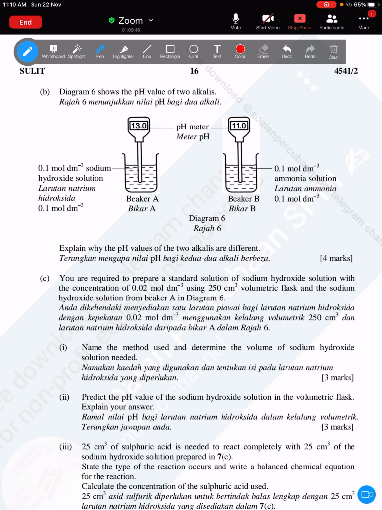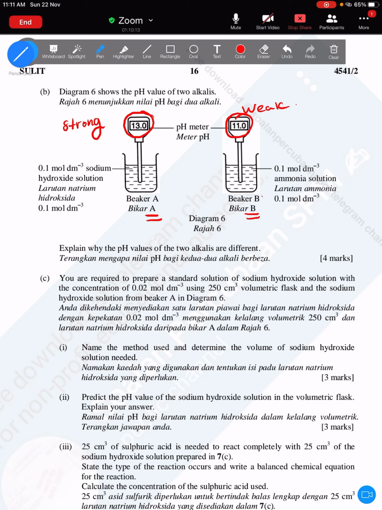So you have beaker A with a pH of 13. Guys, when pH is 13, what can you say? Very good. It is a type of strong alkaline. And beaker B, you notice the pH is 11. Therefore, I can conclude it's a type of weak alkaline.